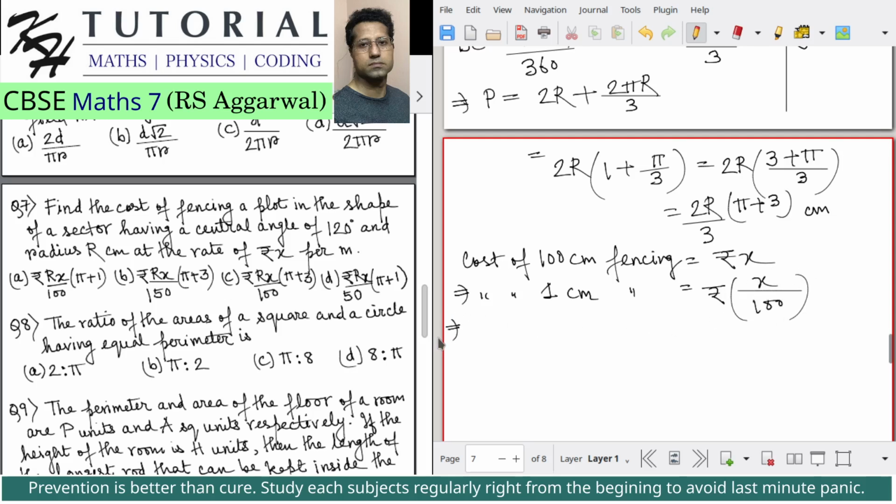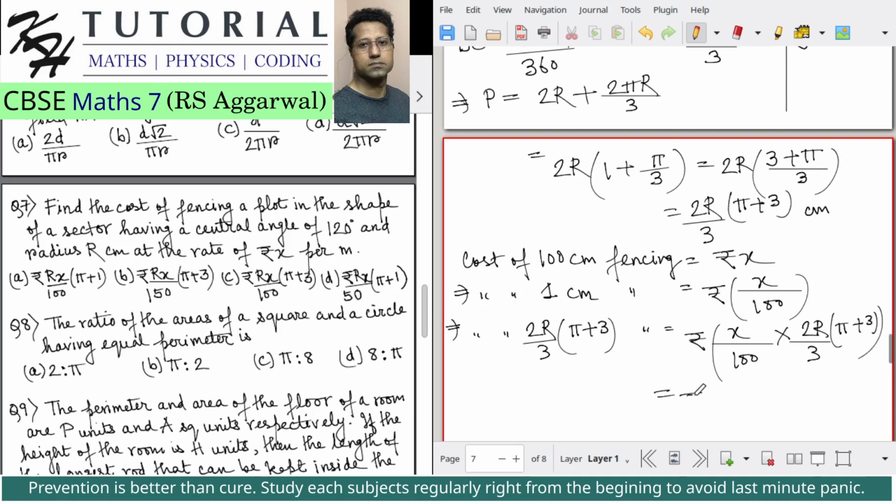We have to fence the entire perimeter of the sector, and the perimeter of the sector is 2 capital R by 3 multiplied by pi plus 3. So the cost of fencing the perimeter of the sector will be equal to rupees X by 100 multiplied by 2R by 3 multiplied by pi plus 3.